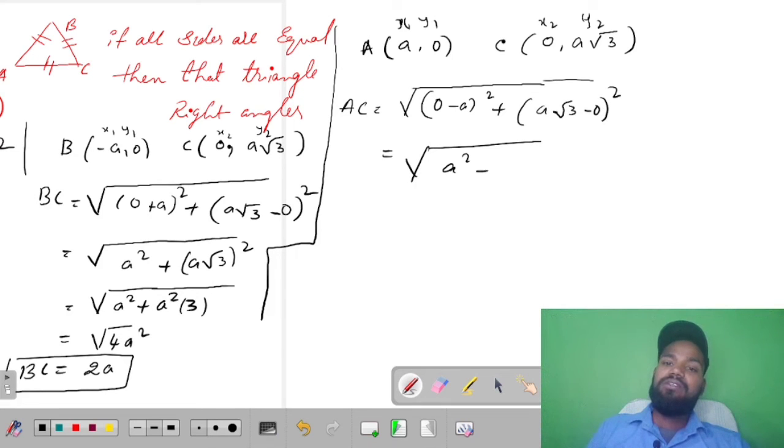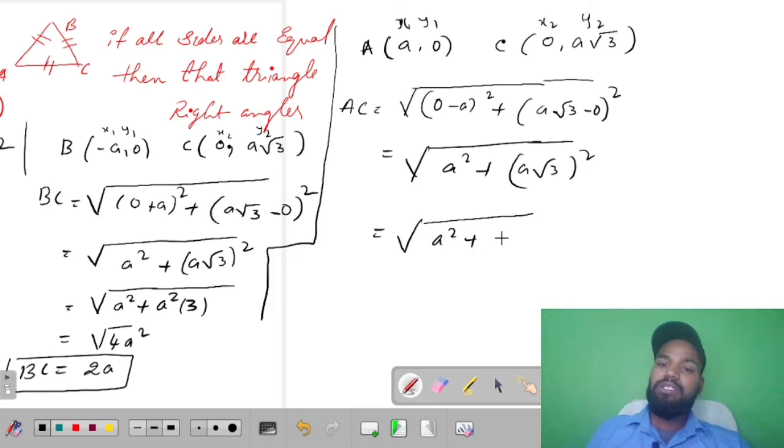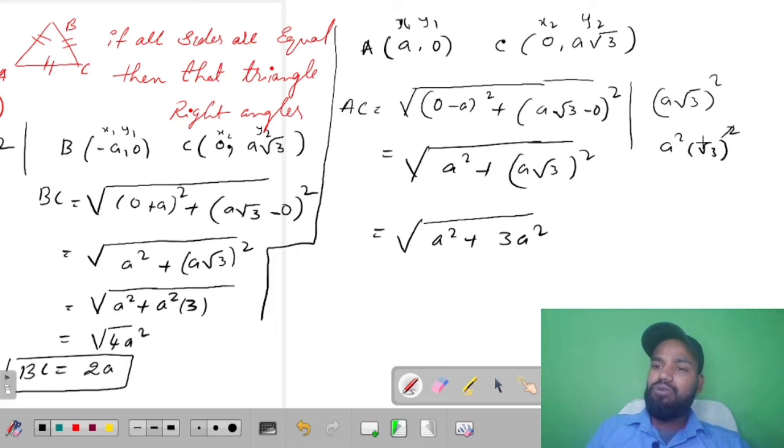So that equals a square plus a root 3 whole square. Okay, what is a root 3 whole square? That is equal to 3a square. If you are confused, see here: a root 3 whole square we can write as a square root 3 whole square. So the square and root cancel.